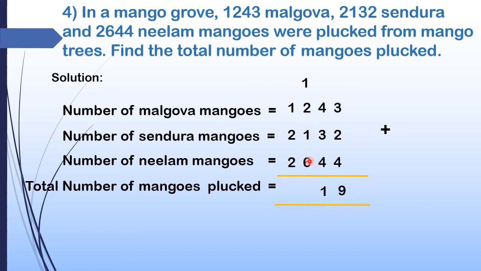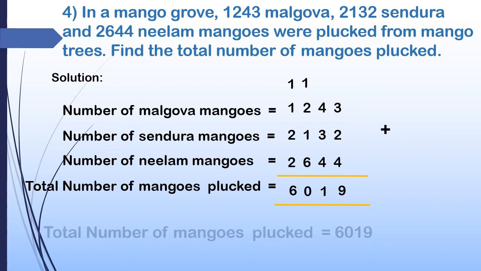Then 4 plus 6. So 4 plus 6 is 10. So write 0 here. Then carry over 1 to the next column. So what is 1 plus 1? 2. 2 plus 2? 4. 4 plus 2? 6. So the total number of mangoes plucked are 6119.